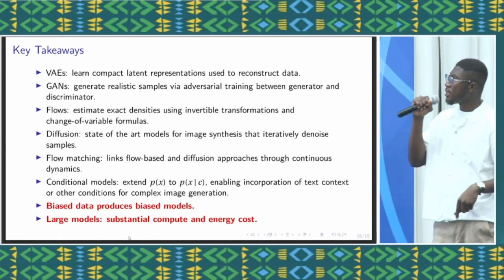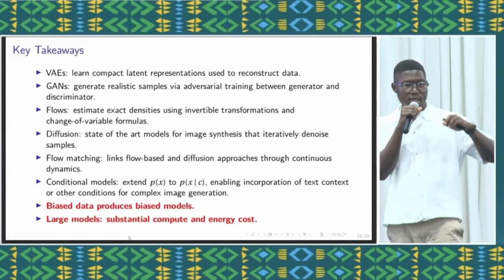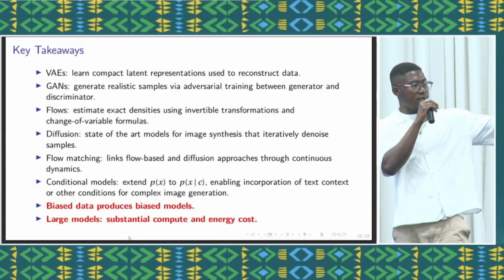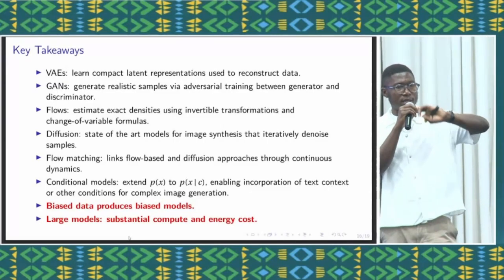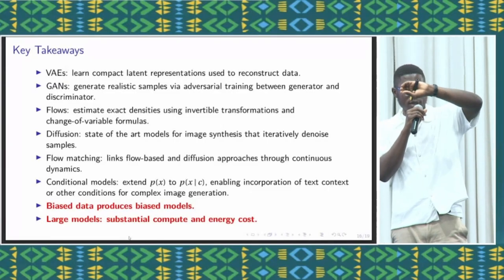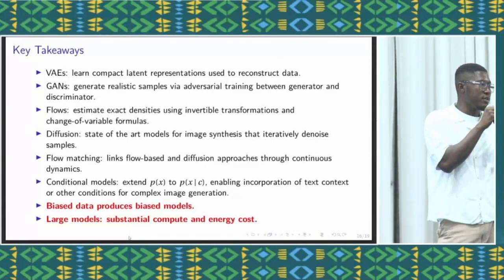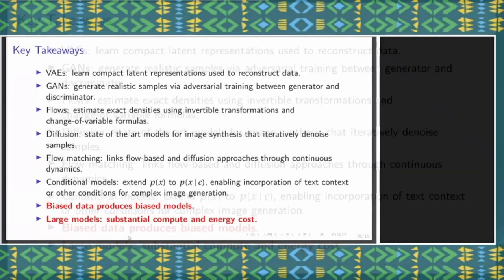So the key takeaway is that VAEs are generative models that learn to go from data to a latent representation, and then from the latent representation we can go back to the distribution space. And since we learn the distribution of the latent representation, we can sample from it and then decode to have a new observation.